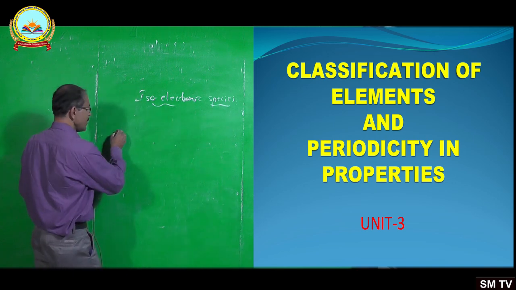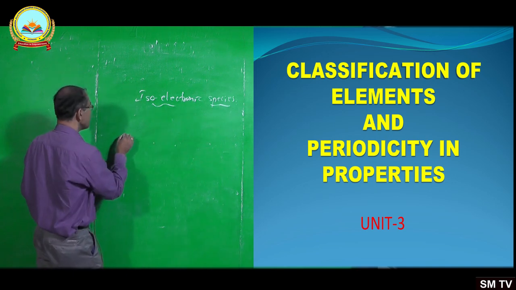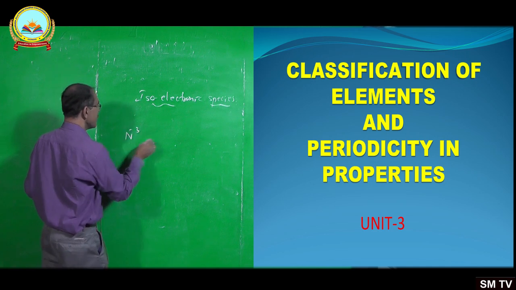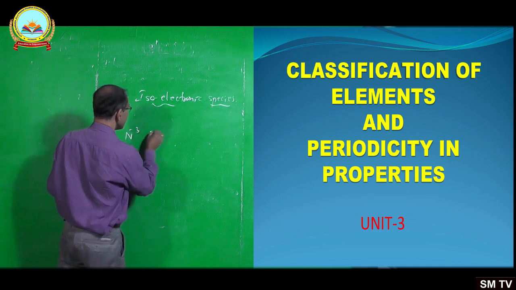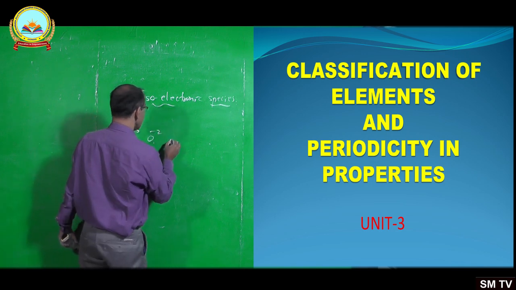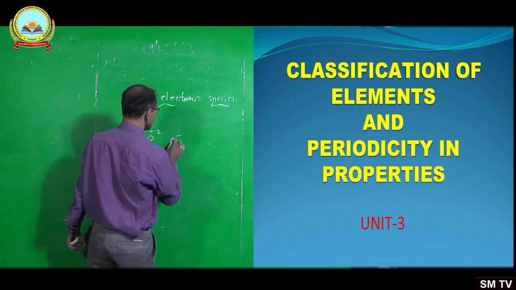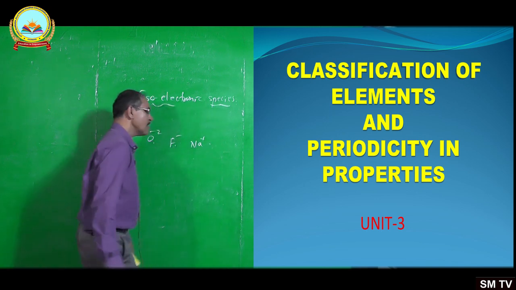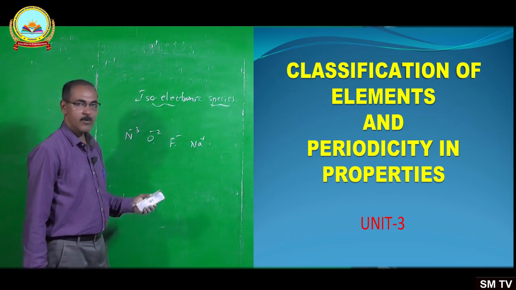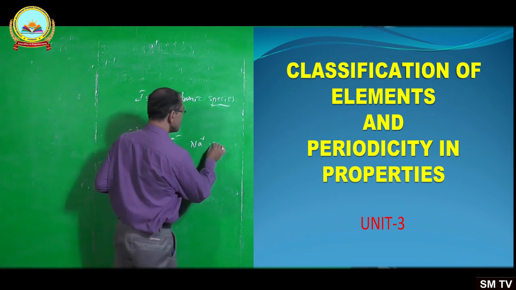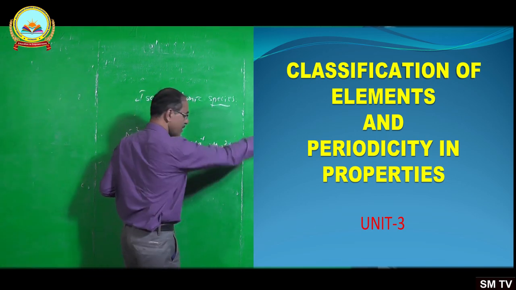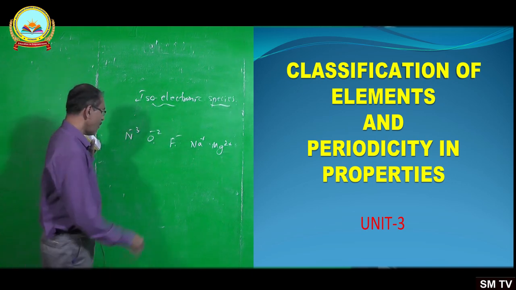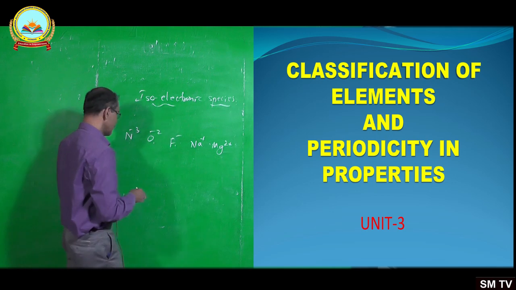See, examples of isoelectronic species: N3-, O2-, F-, Na+, Mg2+, Al3+. All these have the same number of electrons.